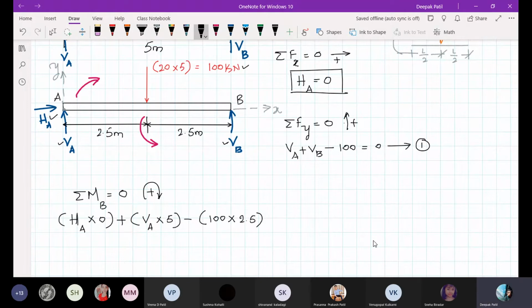Now coming to VB, VB is at B itself, hence there is no perpendicular distance, so no need to consider that. So equal to 0, right? This will not come into the picture. So 5 VA, I will rewrite this as 5 VA is equal to 100 into 2.5. How much does it come to? It comes out to be 250.